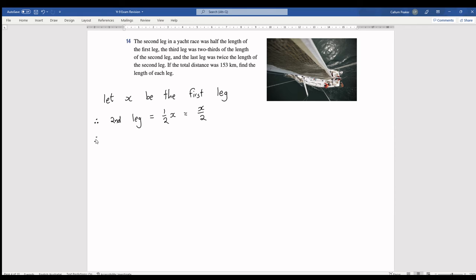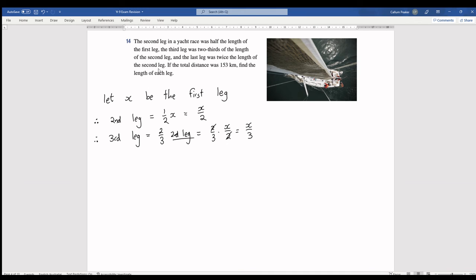So therefore, the third leg is 2/3 of the second leg. But we know what this is. We wrote it down here. So that's just equal to 2/3 times x over 2.